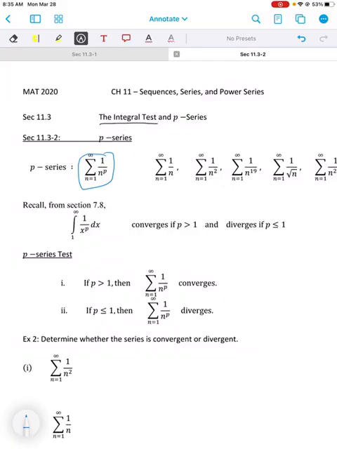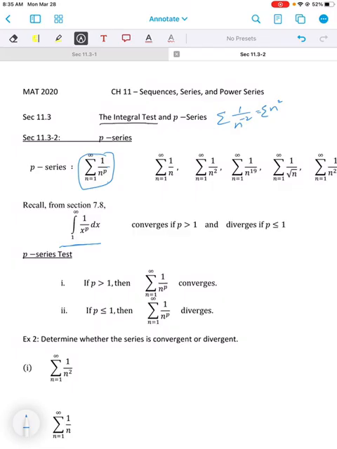Because if p is negative, for example -2, we can write it as n squared in the numerator, and that is almost always divergent. If you think of your integral test applying to this one, which we can actually do, it will look like something like this.